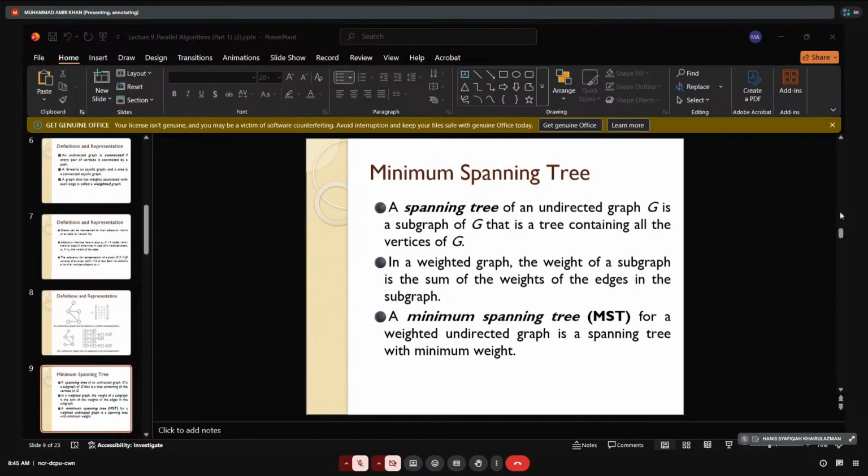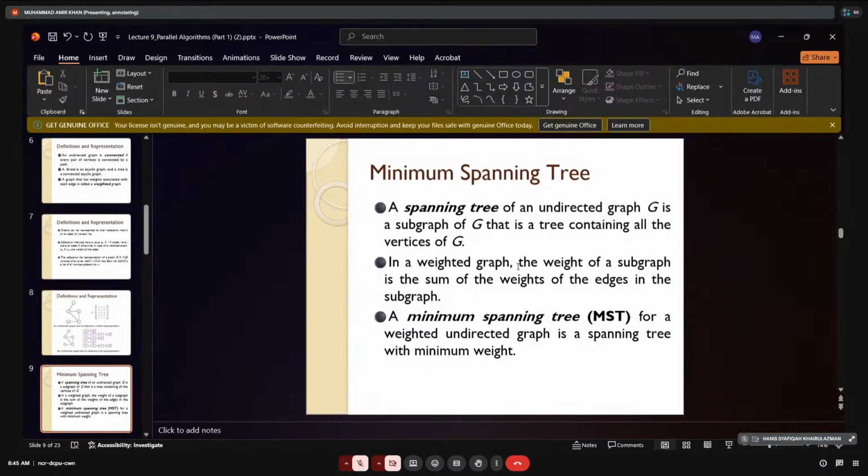Okay, so there are some points that you have to keep in mind before going to minimum spanning tree. A spanning tree of an undirected graph G is a subgraph of G that is a tree containing all the vertices of G. And definitely it will contain all.